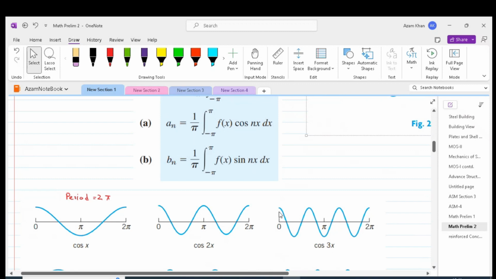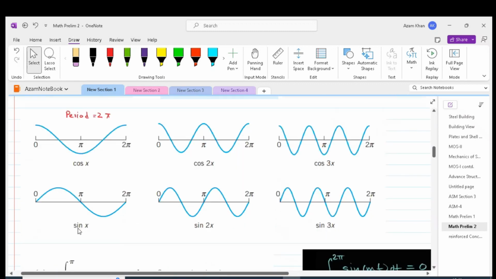Similarly, cos 3x has three cycles of the function within the period 0 to 2 pi. In the same manner, sin x is a sine wave between 0 and 2 pi. Sin 2x will have two sine waves within the period 0 to 2 pi, and sin 3x will have three sine waves within the period 0 to 2 pi.